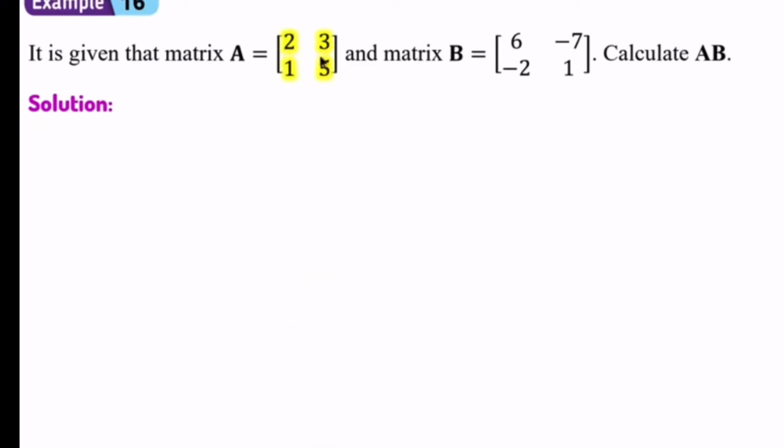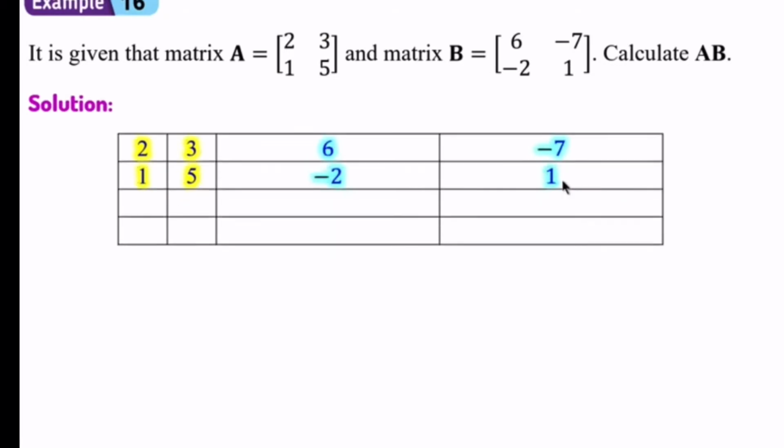Matrix A is 2 3 1 5. We will copy the matrix A, followed by writing the matrix B in terms of the columns. Now we are going to multiply, following the row and column.